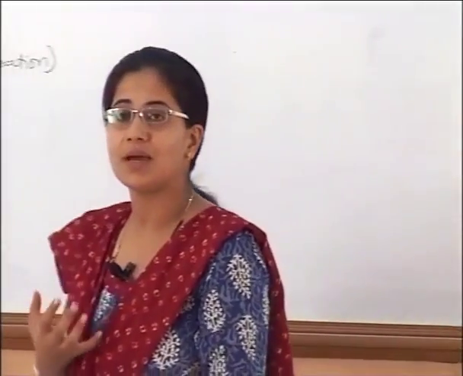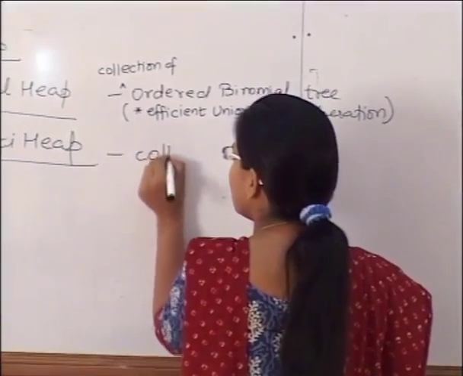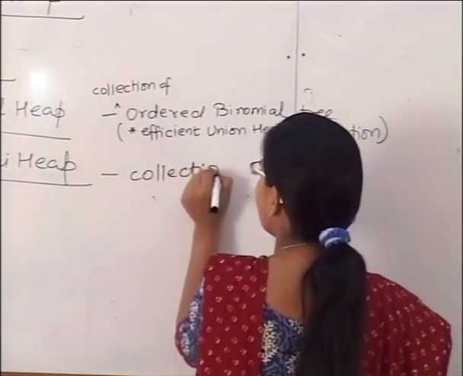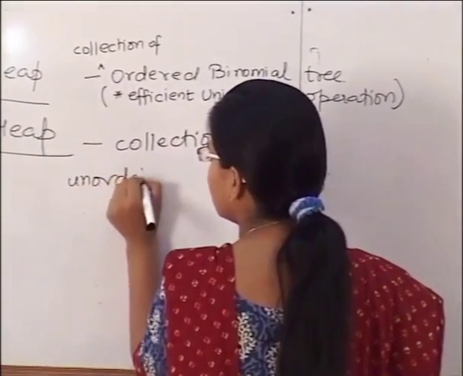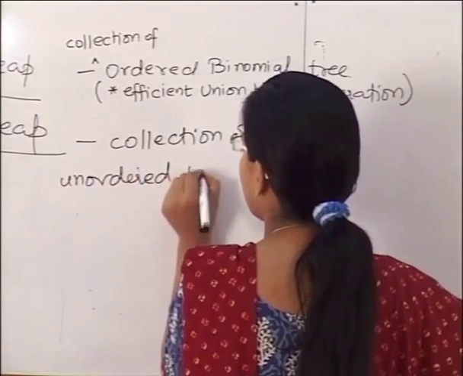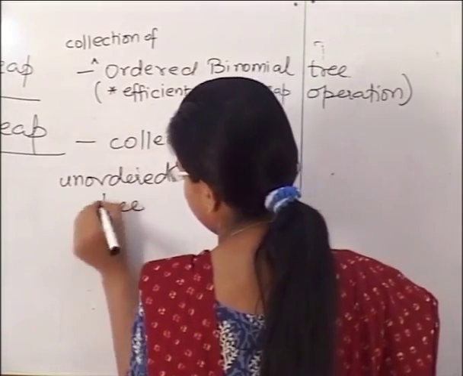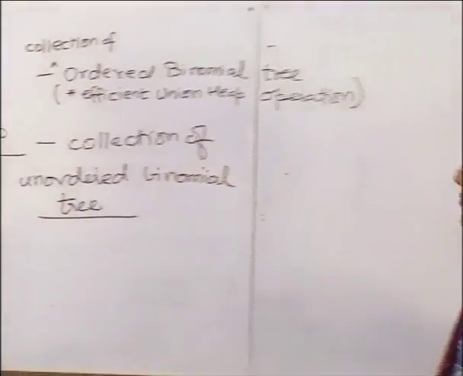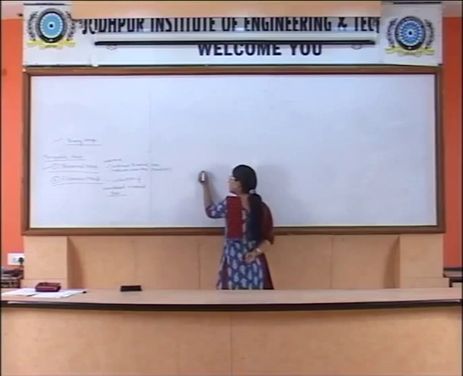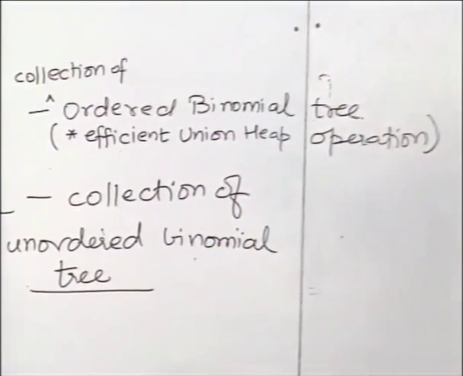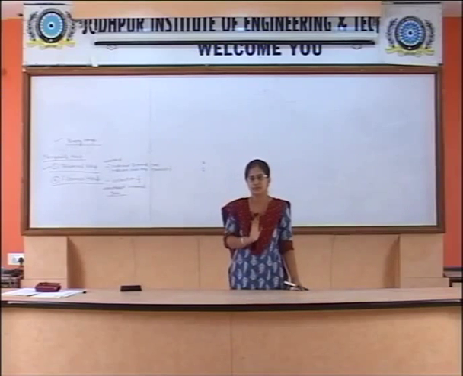Now what do we mean by unordered binomial tree? Fibonacci heap is a collection of unordered binomial trees. By unordered, we mean, as in binomial heap, I had already told you that in a particular binomial heap, we are supposed to have unique ordered trees.